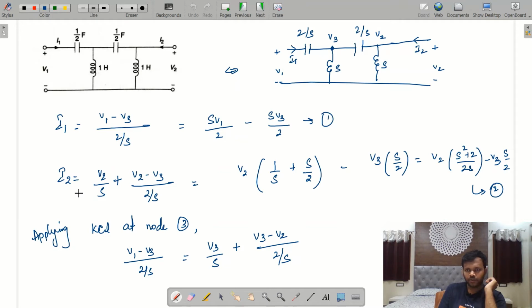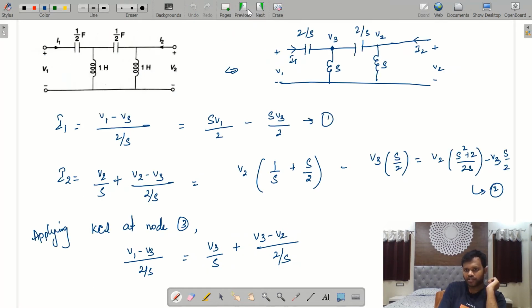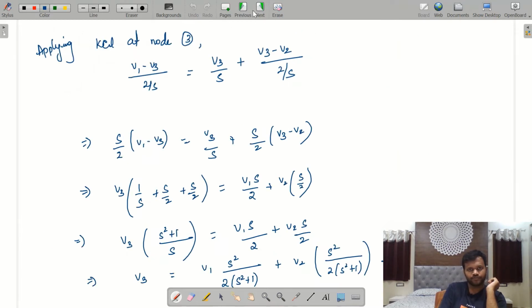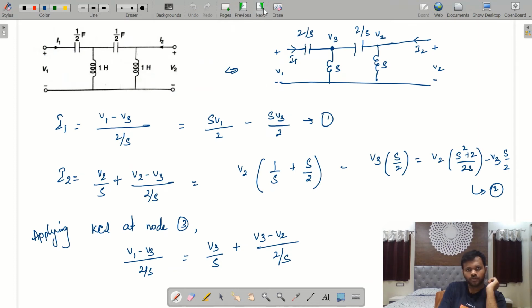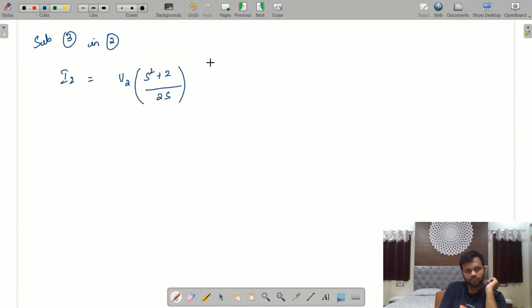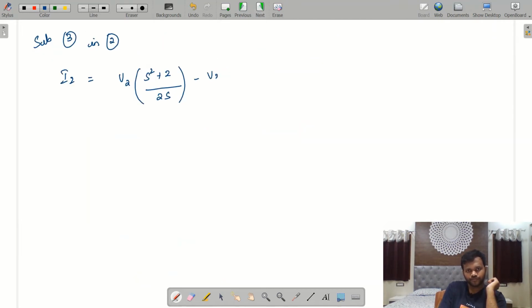I2 equal to V2 into S square plus 2 by 2S, minus V3 into S by 2. Which will be equal to V2 into 2 plus S square by 2S minus, in place of V3 what can we write?